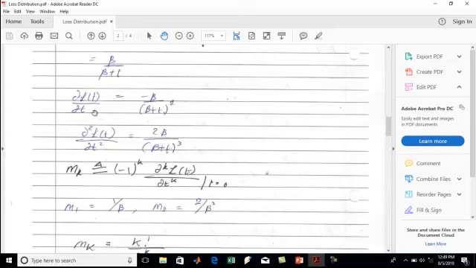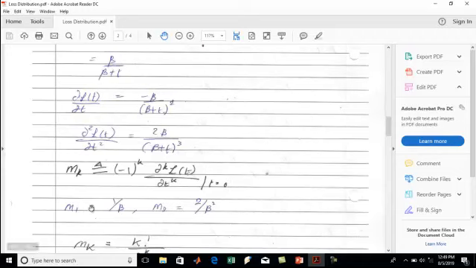And as you can see, the moment generating function in general has this equation: minus 1 to the power of k times the k-th derivative of the Laplace transform with respect to t, and you set t to be equal to 0.